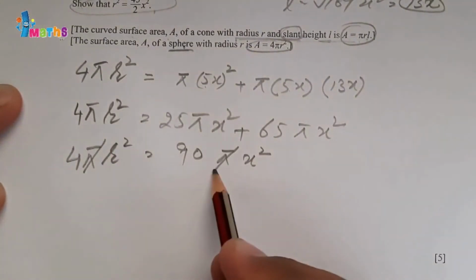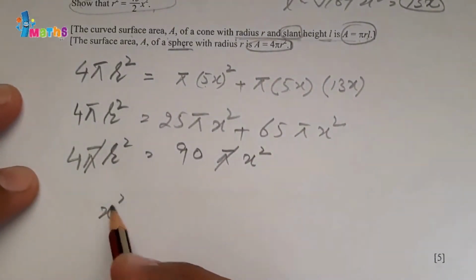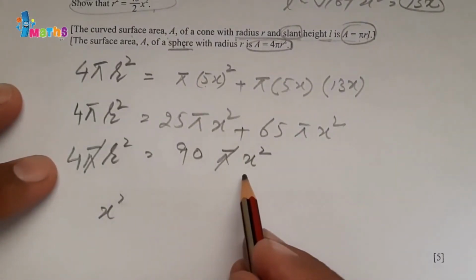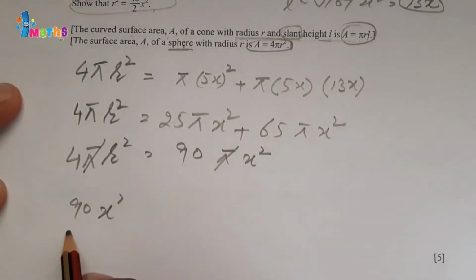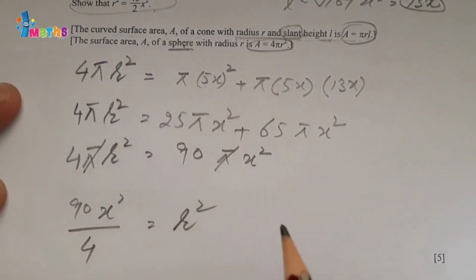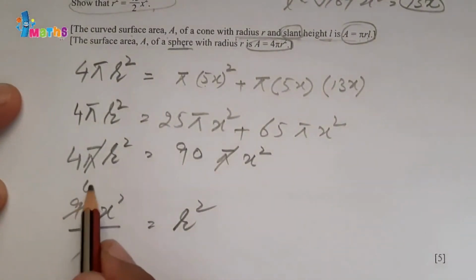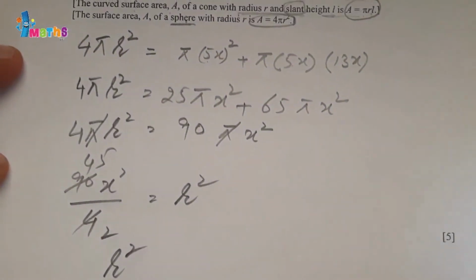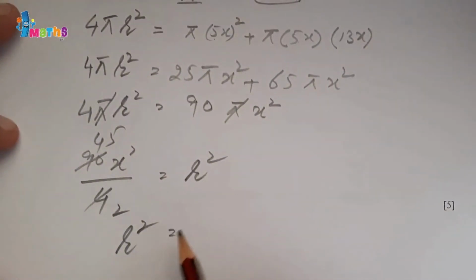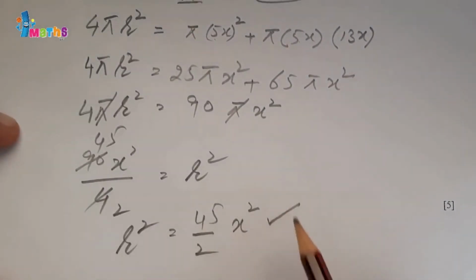So pi can be cancelled from both sides, and we can find r square. Basically r square will be equal to 90x square over 4. We can cancel, 2 2s are 4 and 45. So r square will be equal to 45 over 2 x square. This will be our final answer.